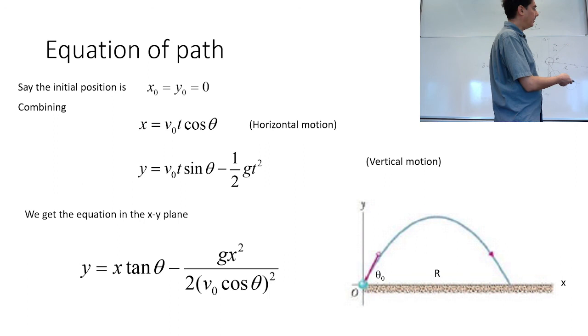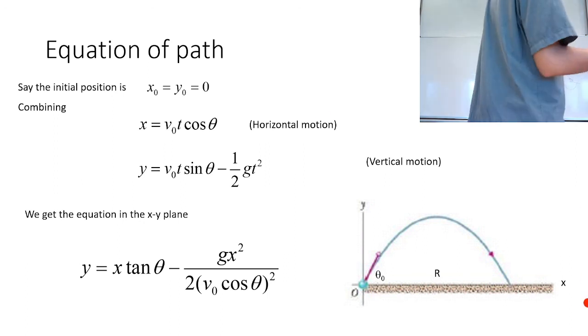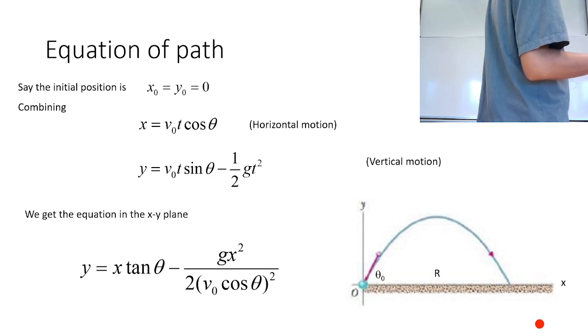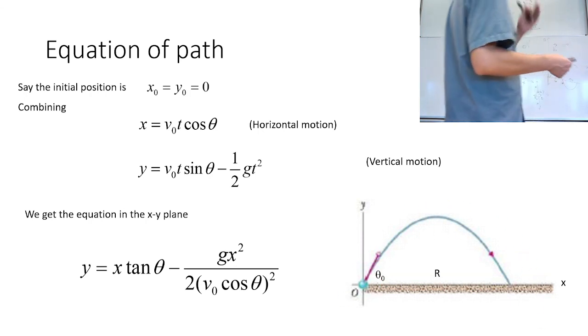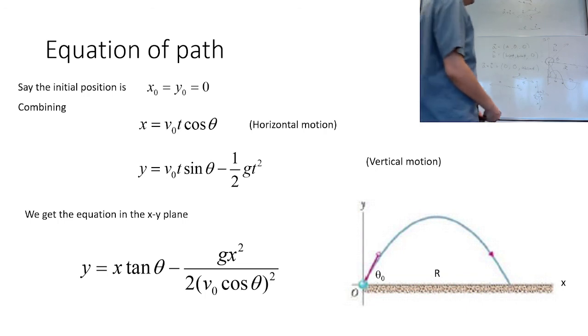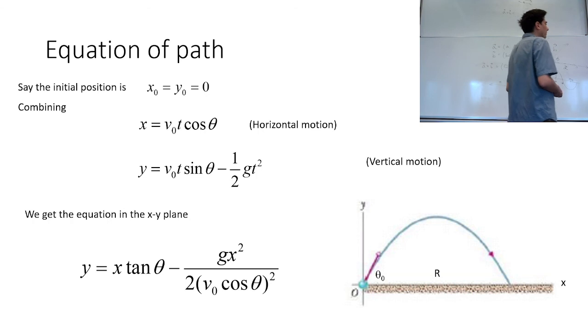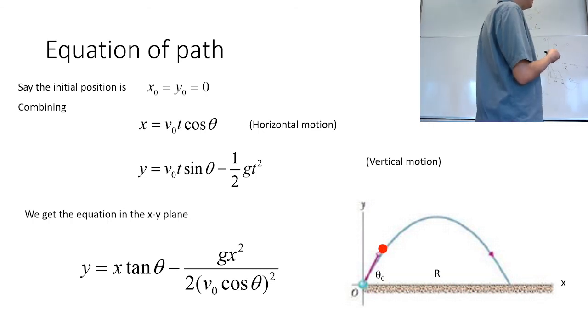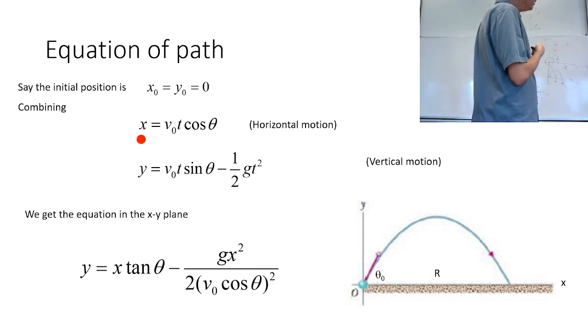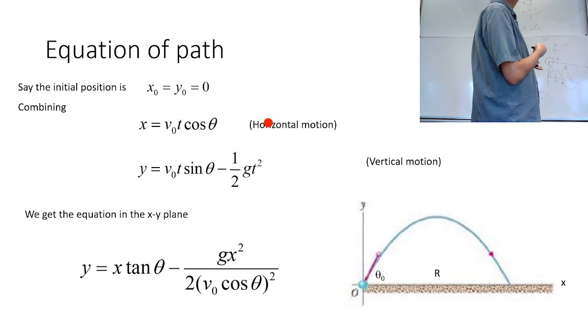So you can see that this shape here is a parabola, and we can derive the actual equation of the shape of the motion by combining 2 of these equations. As we said, the horizontal motion, the x coordinate, is the initial velocity times cosine of theta, because that's the x component of velocity, times time. So this is basically just speed times time, right?